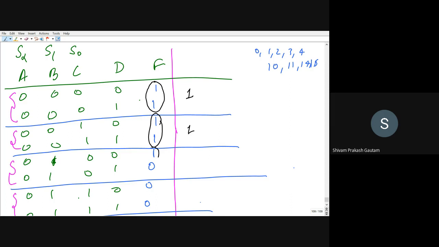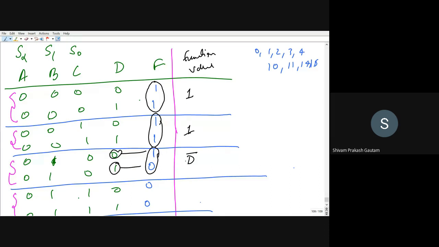For this case, if ABC is 0, 1, 0, what can I write as our function value? D bar, very correct, because when ABC is 0, 1, 0, when D is 0, F is equal to 1, and when D is 1, F is equal to 0.